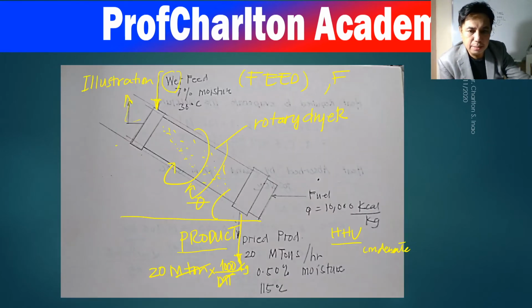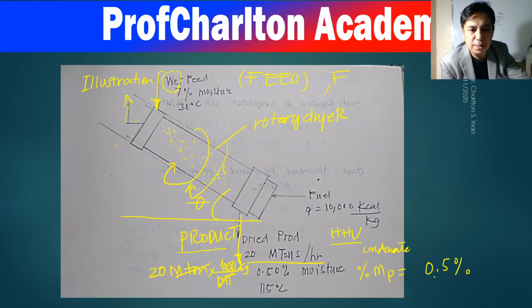So we are clear on that, and this is this. Another thing that is given to us is the moisture. So the percent moisture of the product is how much? 0.5%, meaning there's a 0.5% water content.